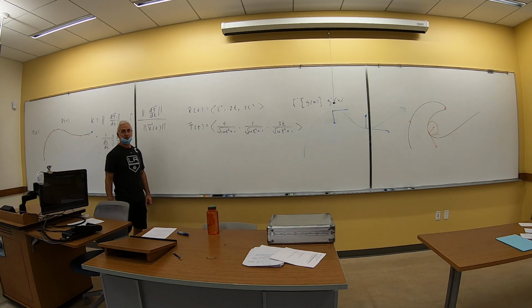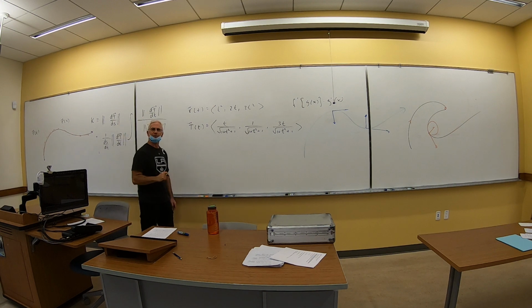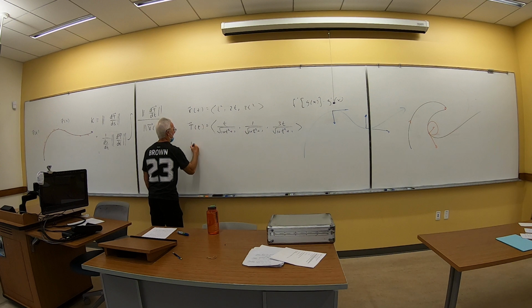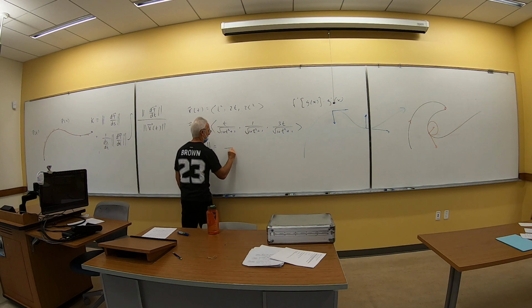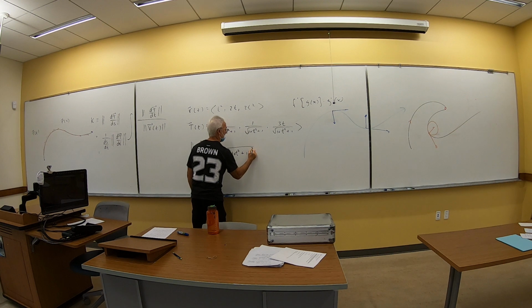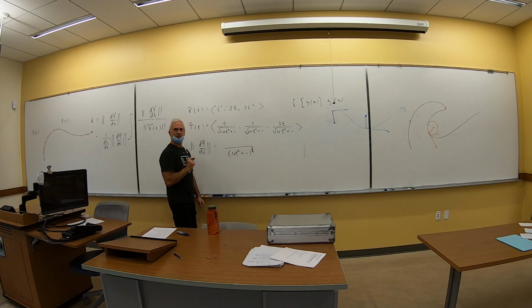Correct? Yeah. So now, I would like to know what the curvature is. Well, in the last problem, we found the magnitude of dT/dt, I believe, going off the top of my head. That was our denominator, correct?